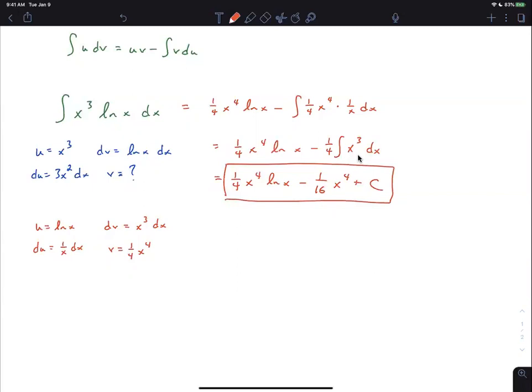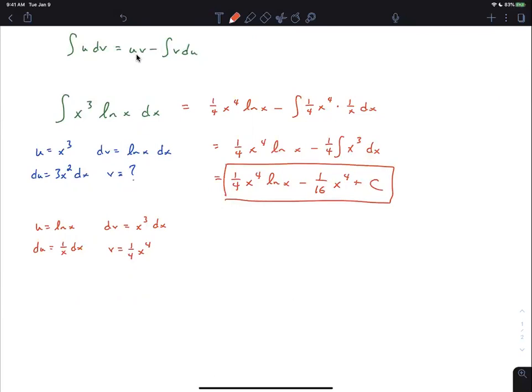Okay, so what happens as far as these setups is when you go from u to du, you take the derivative. Does that make sense? So you take the derivative when you go from u to du, and when you go from dv to v, you take the antiderivative. All right, so when you're using integration by parts, what you're concerned with is this new integral v du.